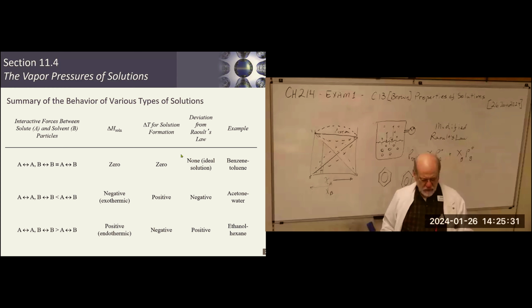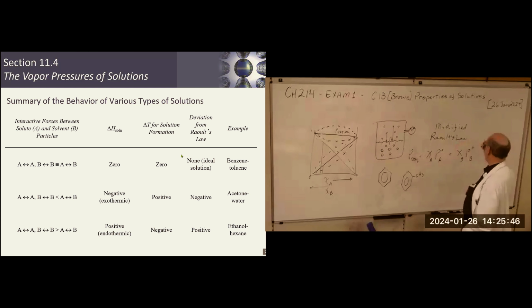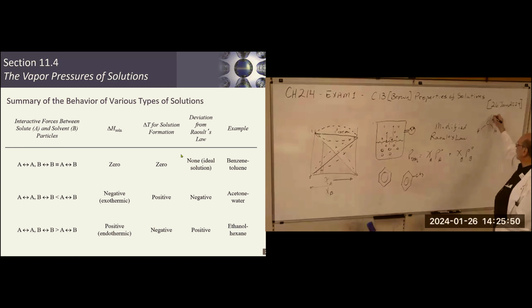Acetone and water, the deviation is negative because, I wouldn't say acetone has hydrogen bonding, but it does have a polar character. We know what water looks like, right? So it's polar like this.